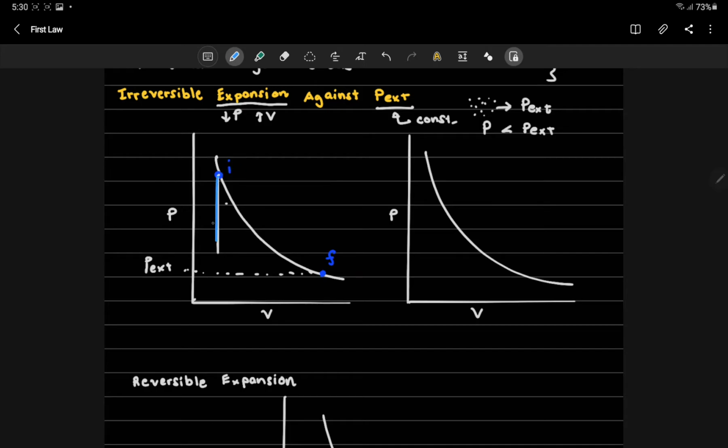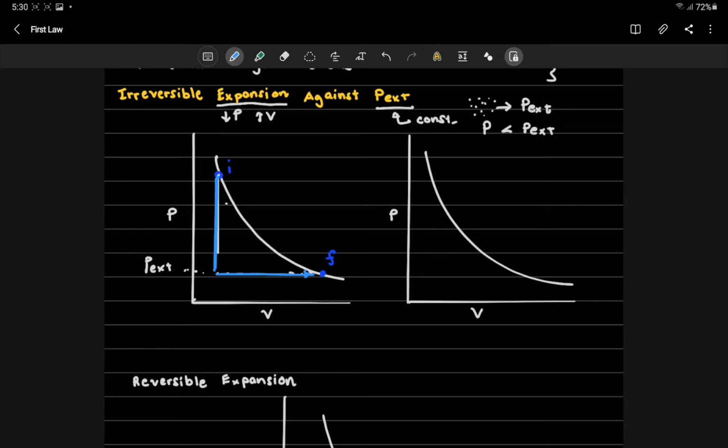So, lowering the pressure at constant volume by lowering the temperature as well. And the next step will be to increase the volume at constant pressure by increasing the temperature. Okay, so those are the steps to perform irreversible expansion.